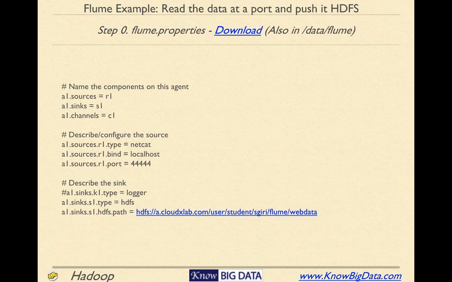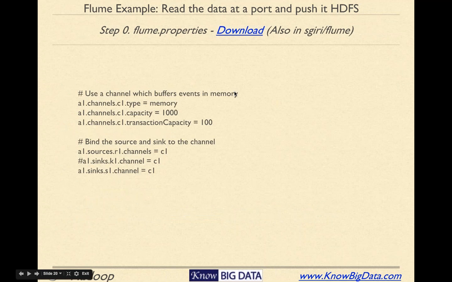Next is describing the sink. We will be pushing the data it listens to on the socket into HDFS continuously, so we have to provide a location where it would be pushing the data. Also, we have to define what kind of channel it is.